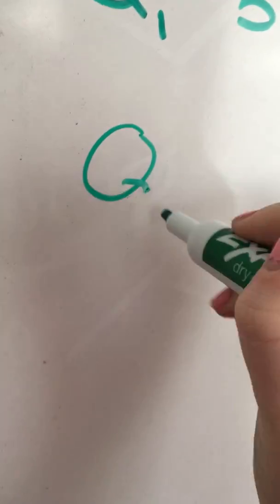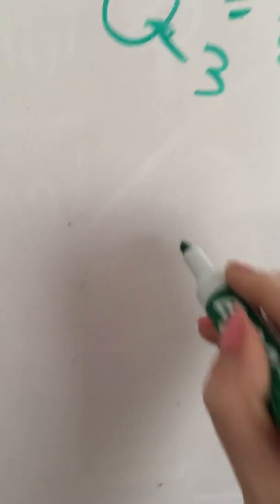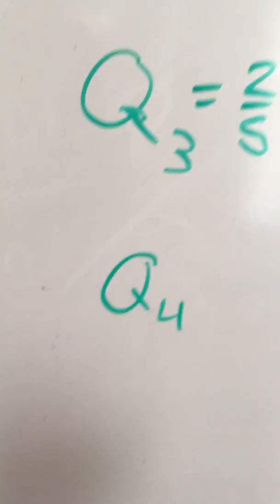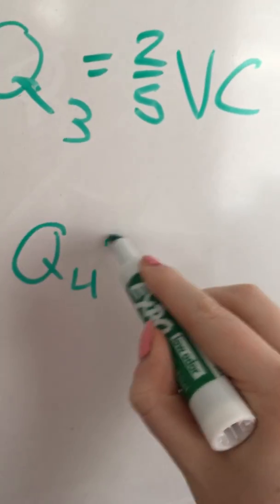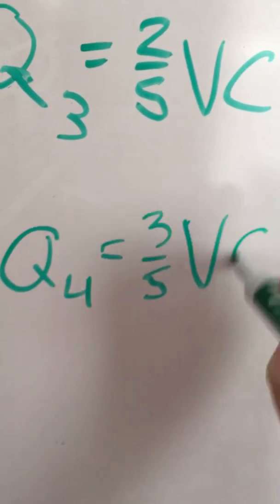For Q3, we found that V3 is 2/5 V, so 2/5 V, and then just times C. And then for Q4, we already found it up here, but Q4 is equal to 3/5 V times C.